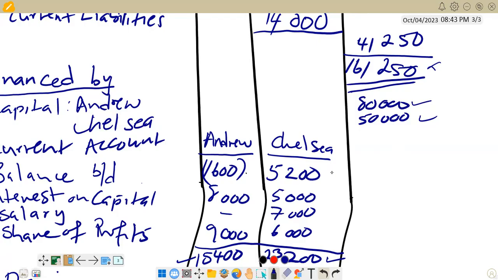Depending on the question, some questions might not need you to present the current account in the answer section. They will just need you to put the balance of the current account. So listen to what the question is saying before you approach it, and this will make you a better scorer of higher marks in Principles of Accounts.